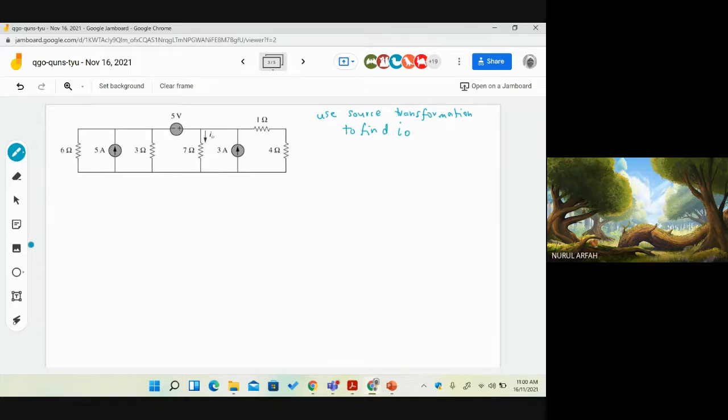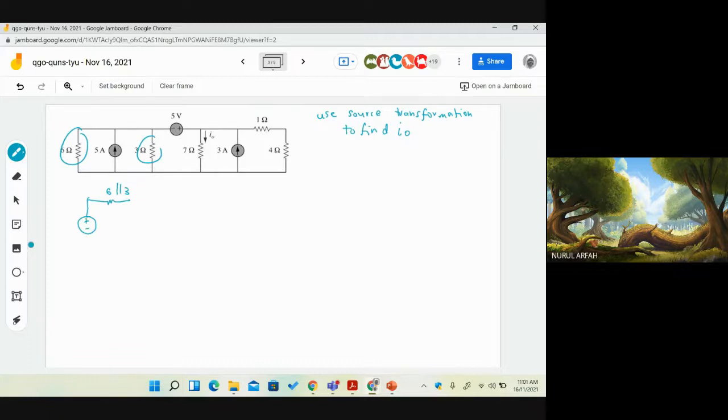So, I'll do it first. What should you do first? Find any resistors in parallel and resistors in series. You can combine those, right? Since 6 and 3 are in parallel, you can combine them, and it becomes 6 in parallel with 3. Then do the source transformation of the voltage source to a current going up, right?